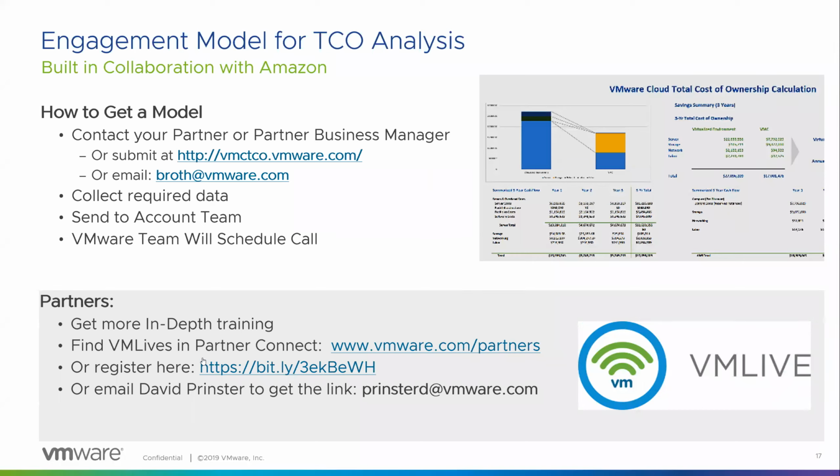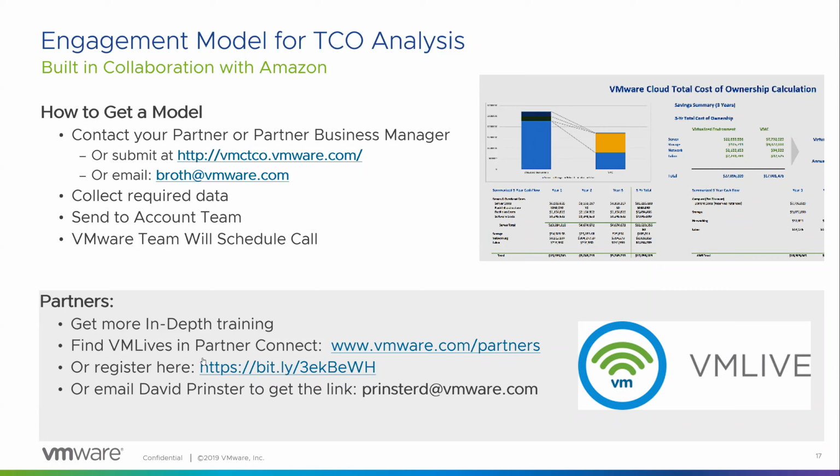We will set you up and definitely allocate an economist for you. And our process is we collect the data, we confirm with the account team, and then we schedule it with the customer. So we've got a brand new online tool where you can take a look at your own TCO savings.